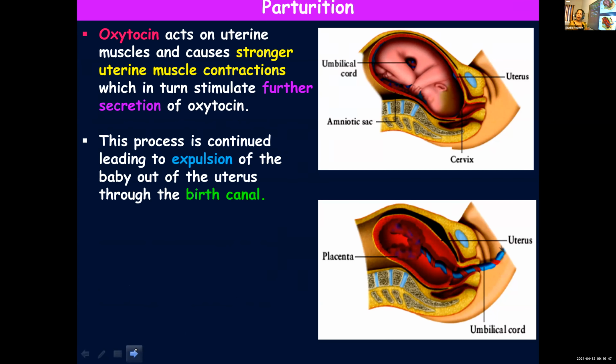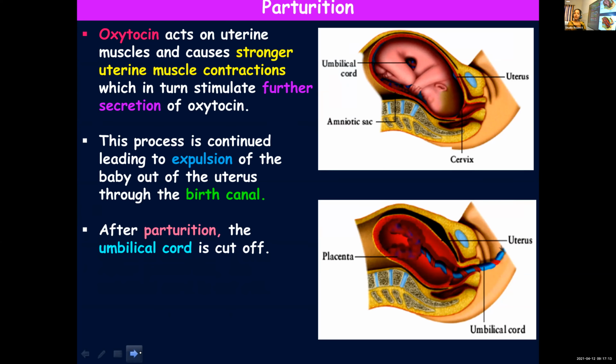The uterine contractions will take place. This will stimulate the pituitary to release oxytocin, and once oxytocin is released, this will promote much stronger contractions. Depending upon the amount of oxytocin, stronger and stronger contractions of the uterus will take place. This continues, and the baby will be delivered through the birth canal.